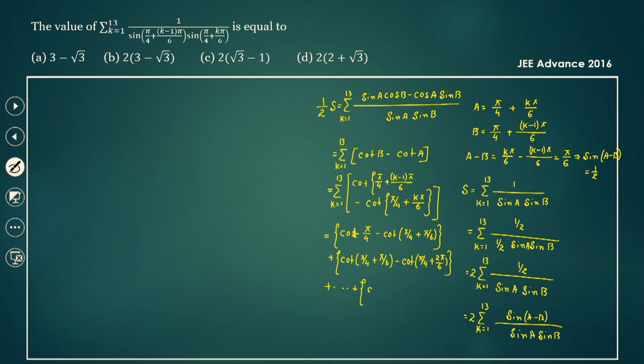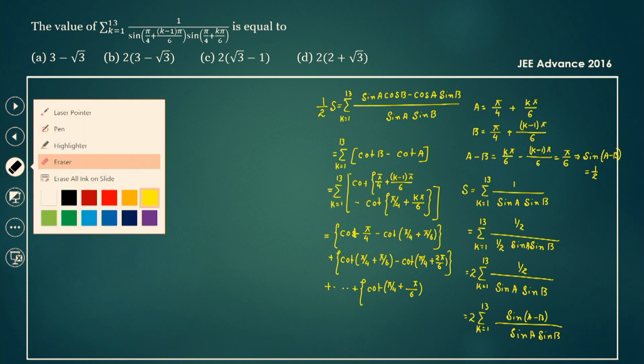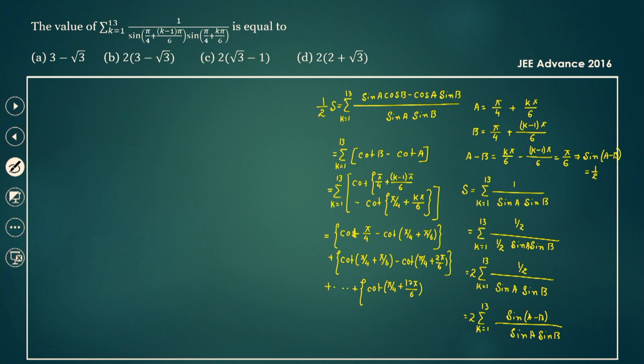So if we substitute 13, we'll get cot pi by 4 and 12 pi by 6. Don't write it as 2 pi, because then it doesn't mean anything, okay? So it is 12 pi by 6 minus cot of pi by 4 and 13 pi by 6.